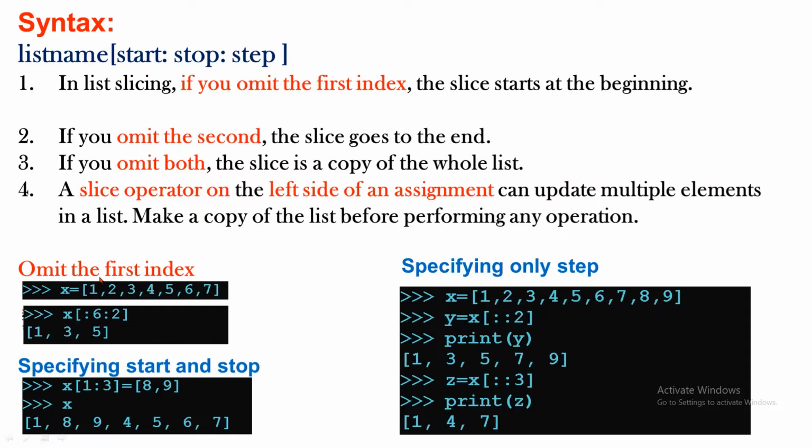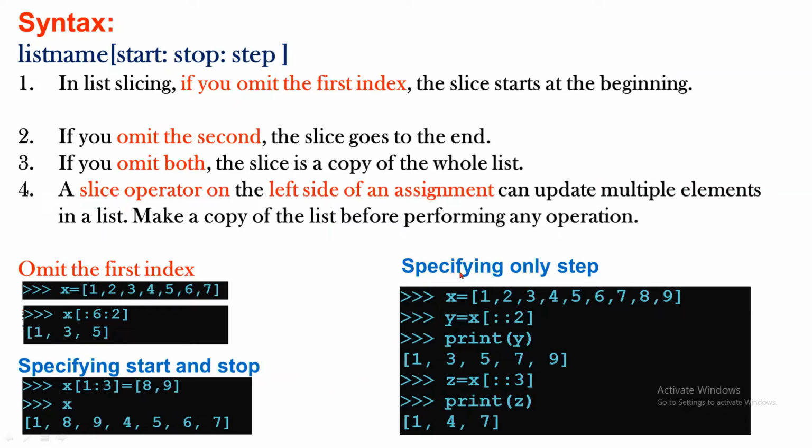Here the element with the index 2 is 3, counting 0, 1, and 2. So it will start from the element with the index 1, and it will go till the element with the index 2. So 2 and 3 will be replaced with 8 and 9, because it is used on the left-hand side of the assignment statement. The elements with the indexes 1 and 2 will be replaced with 8 and 9 here. And so you can see the resultant list.